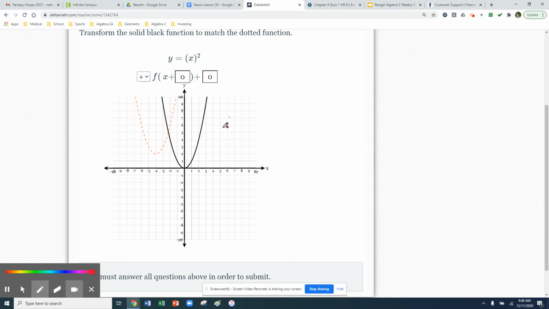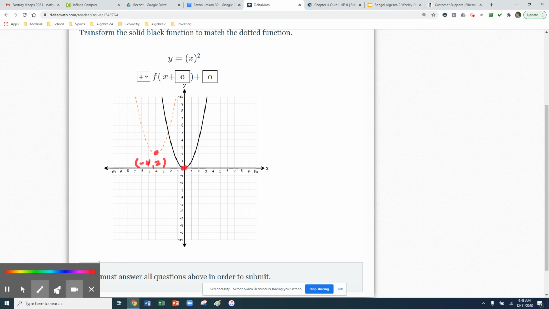So taking a look at an example problem, we've got our parent function shown, and the parent function, recall, has a vertex at 0, 0. So what you're going to want to do is you're going to find out where is my vertex now located. So now my vertex is at -4, +2. So recalling the notes that we just took with the vertex form, this would be a shift of left 4 and up 2.